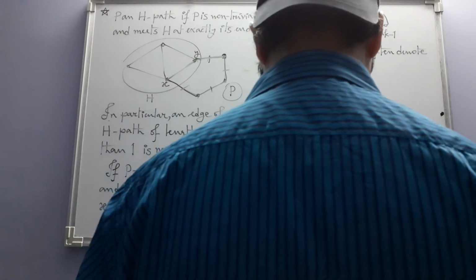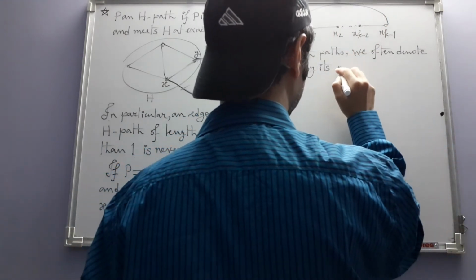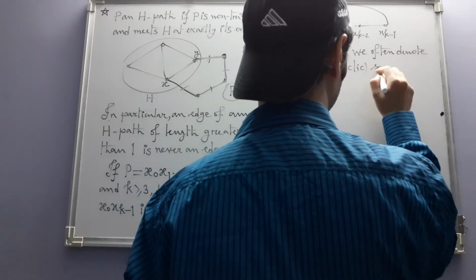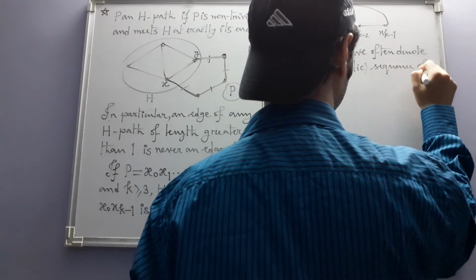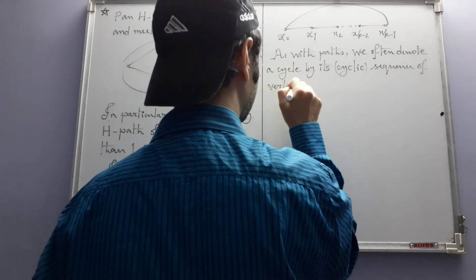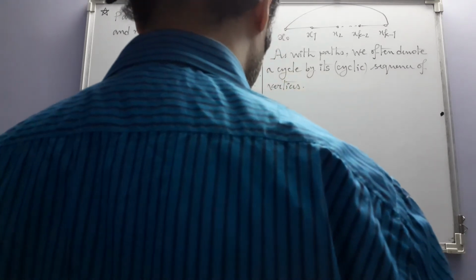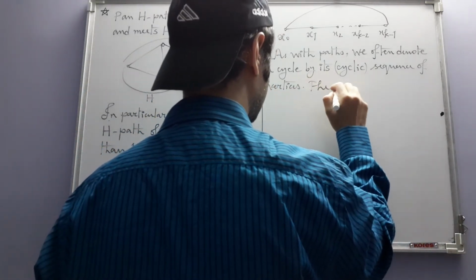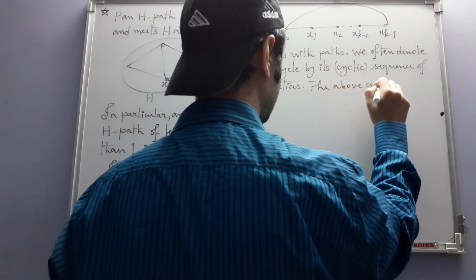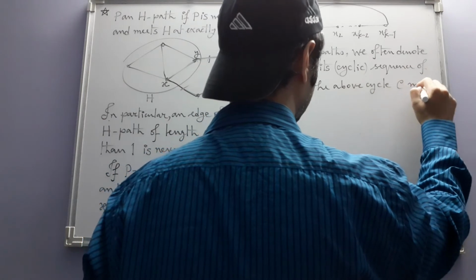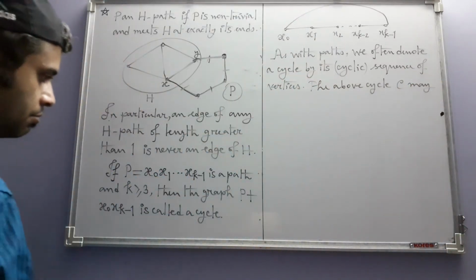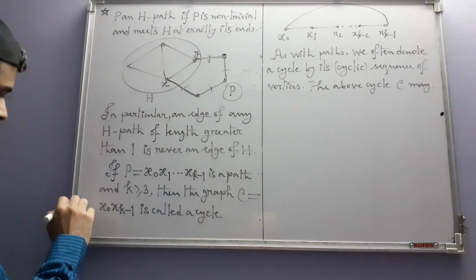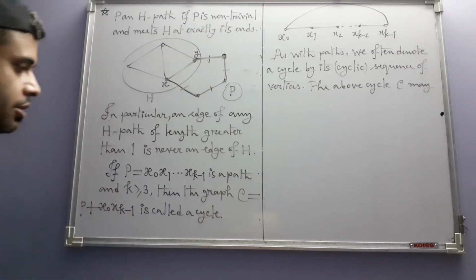Cyclic is written within brackets. The above cycle C, okay, so a name is also given to this, and the graph C equal to P plus this is called a cycle.